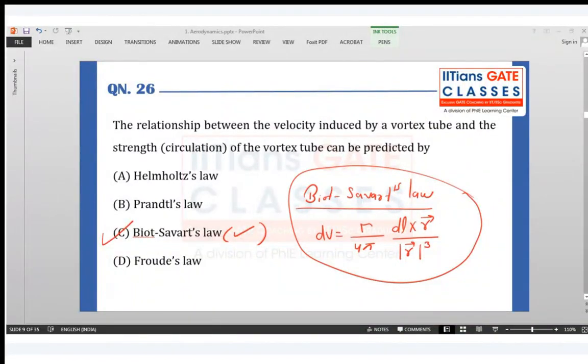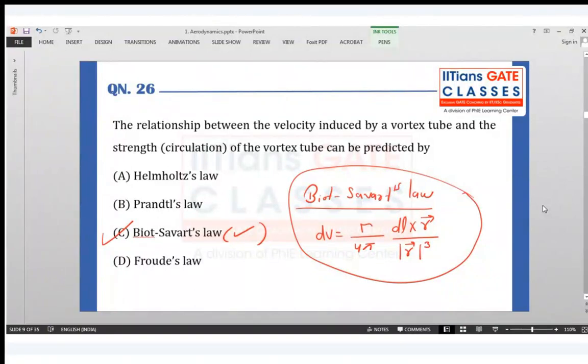Any question on this? Sir, but Biot-Savart's law gives the magnetic flux density, it's dB. So dV here is the velocity, the vortex. Yes, Anand, it's not directly taken in parallel as it is.